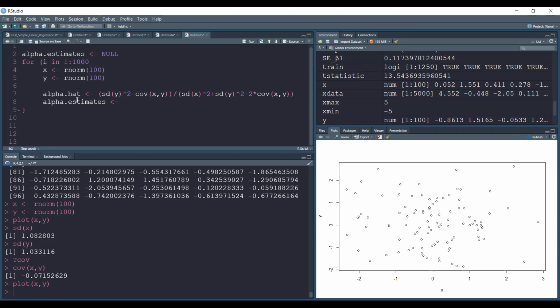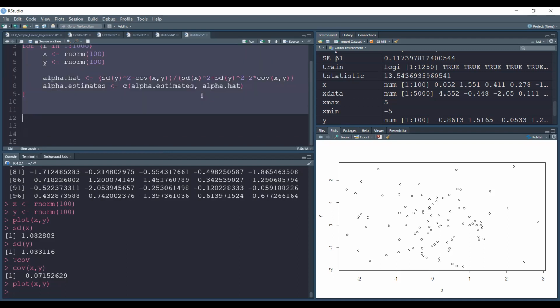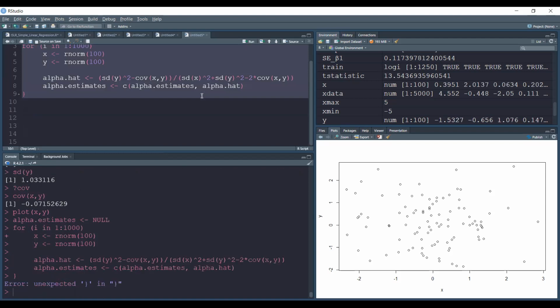Now, is this a typo? If you type for, yeah, I'm missing a bracket, aren't I, over there? And C just means concatenate: alpha estimates, comma, alpha hat. Run this thing.